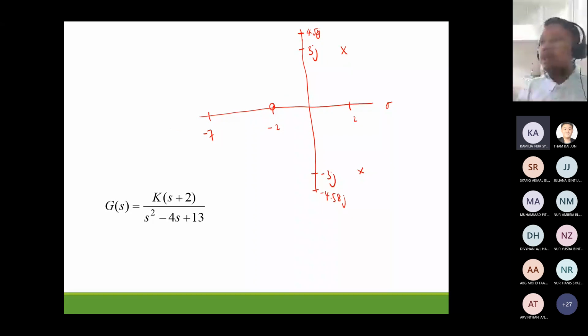To make it symmetric, firstly you must make sure that the root locus passes this point 4.58 and minus 4.58 because it is the j omega axis crossing. And then you have the angle of departure, which is about 126.7.